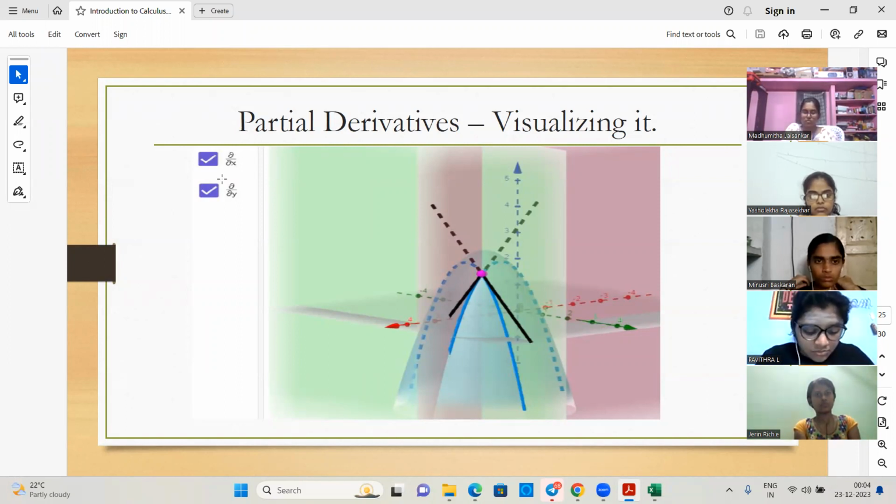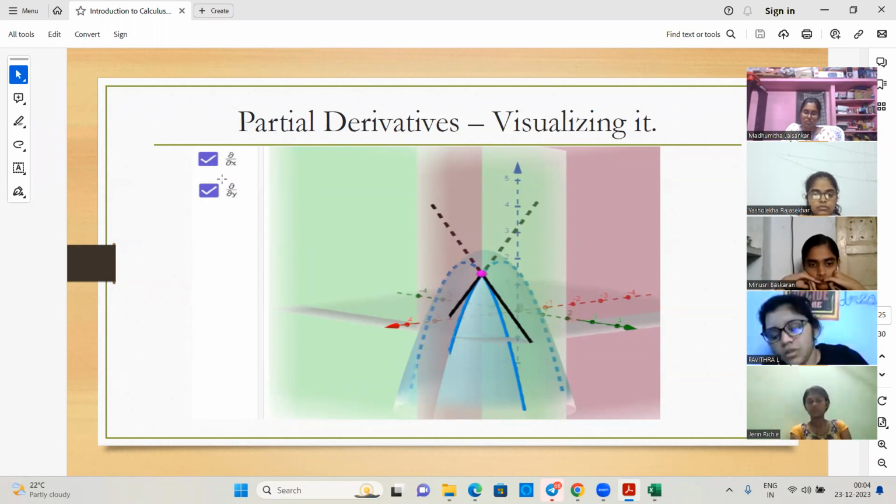Dou f by dou x is one component and dou f by dou y is another component. You can imagine both of them as tangents to different curves, as we already saw. Are these components perpendicular to each other? Yes, of course. That's it, nothing more. So don't go beyond that.